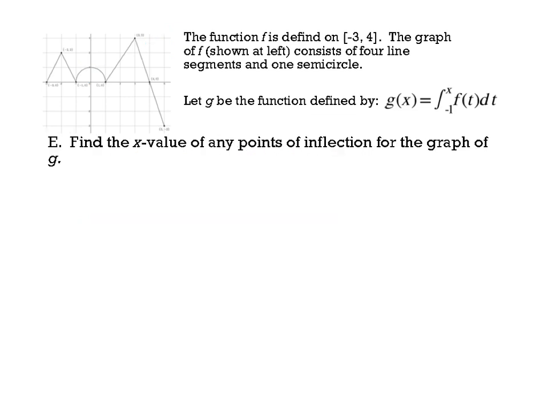And then finally, we are going to look at this function again, find the x value of any points of inflection for the graph of g. So remember, this graph is f of x, which is also g prime of x. So part E, find the x value of any points of inflection.